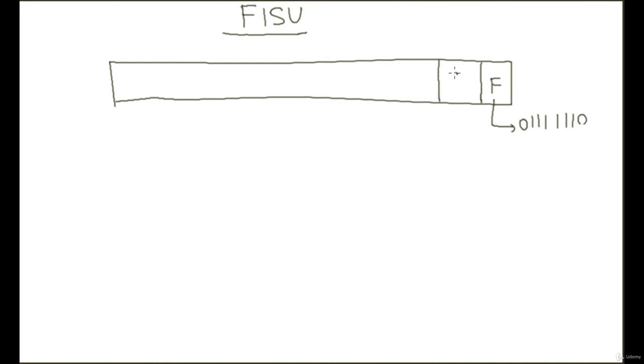Then there is a BSN with backward indicator. There is FSN with the forward indicator. Then there is a length information, which is 6-bit in size, and there is 2 bits of spare, and finally CRC, 16-bit.